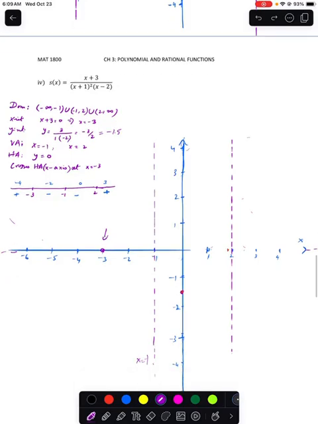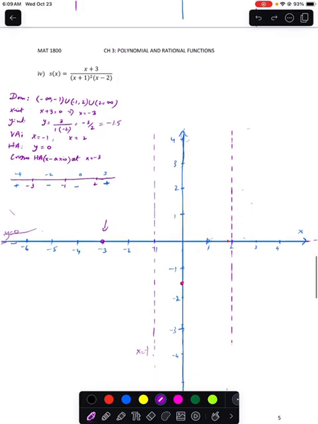Okay, let's look at the right side. So the right side is saying the graph is in the positive region, so it is above the x-axis. So our typical usual graph. To be more accurate, you can find some values and make a table of values.